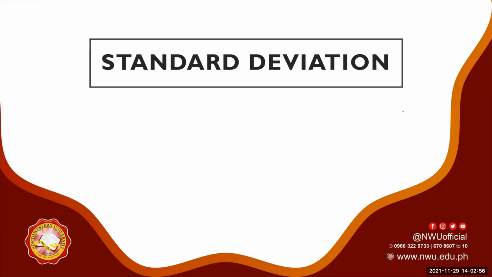Maybe not more important than these three, pero important pa rin. And ang ginagawa mo lamang for standard deviation is to square root the variance. So once nakuha mo na yung variance, square root mo lang. And that's how you will get your standard deviation.